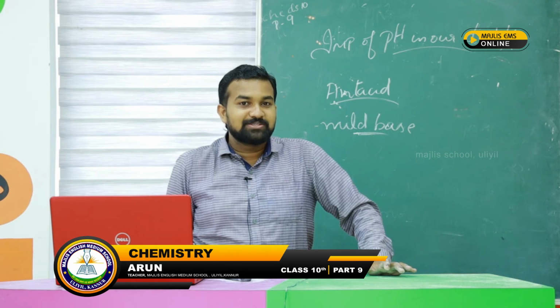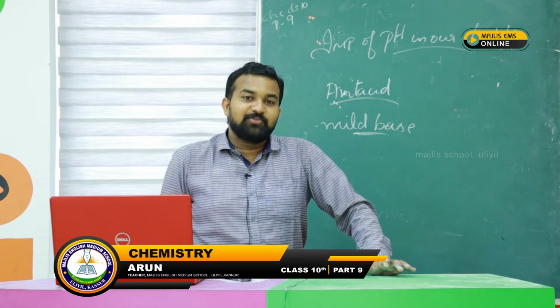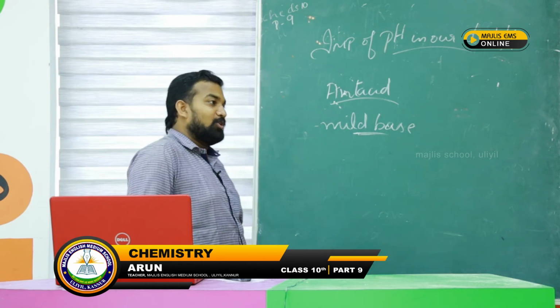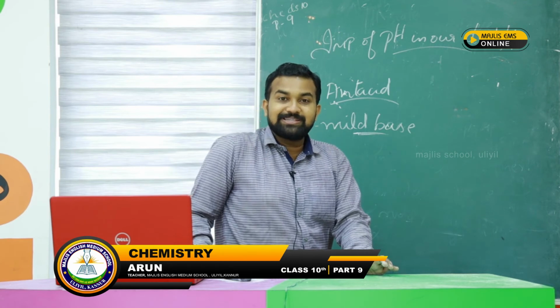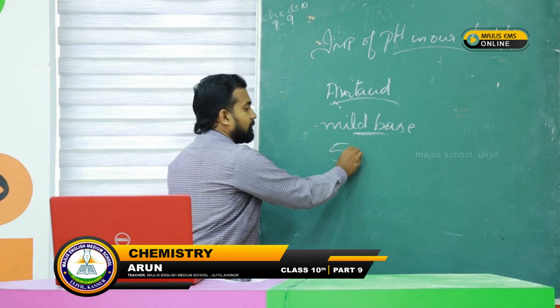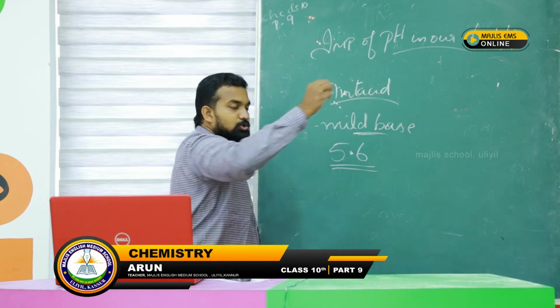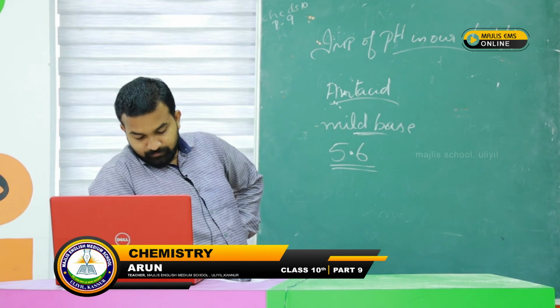We are using toothpaste. What is the pH of this toothpaste? Do you know? Before that, what is the pH in our mouth? The pH in our mouth should be around 5.6.